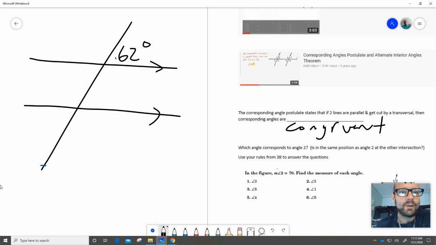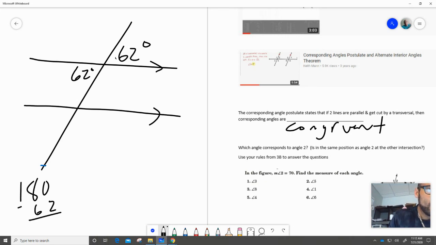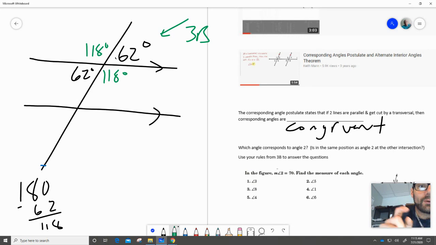Well, before we knew this, we knew that we could find these other three angles up here up top because the vertical angle to that is 62 degrees, right? All right. And then we could just subtract that from 180 to get the rest. Okay, so if we do 180 minus 62, okay, 118 degrees. Okay, so this is 118 degrees. That's 118 degrees. Okay, that's 3B notes right there. Okay, that's what we learned on the 3B notes.